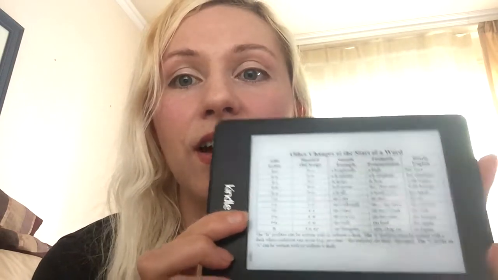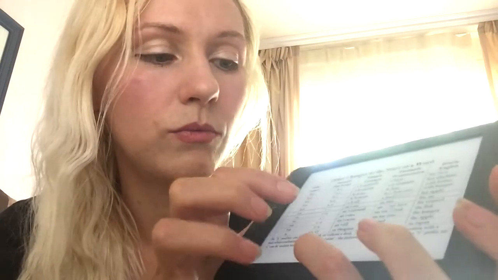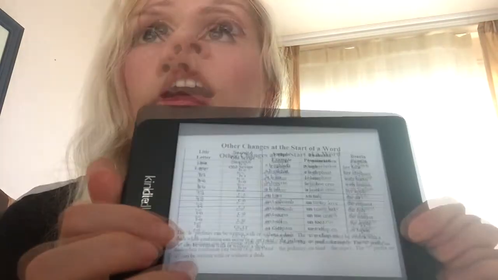And on-tear, the air. Then E takes a T in examples such as on-tailif, which means the request. This is this word here.